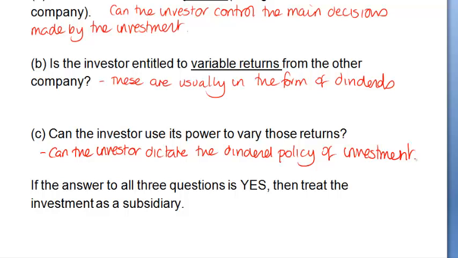So we look at those three issues, and you've got to look at all three together. And if the answer to all of those is yes, then we treat the investment as a subsidiary. It doesn't matter how many shares that we own. We say, well, we control the company, and it's control that matters, not ownership.